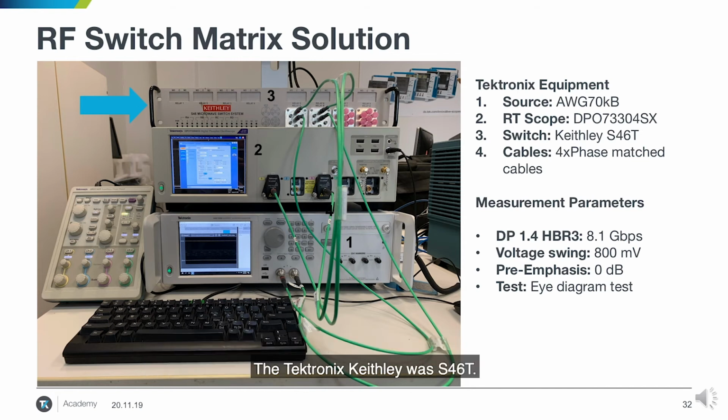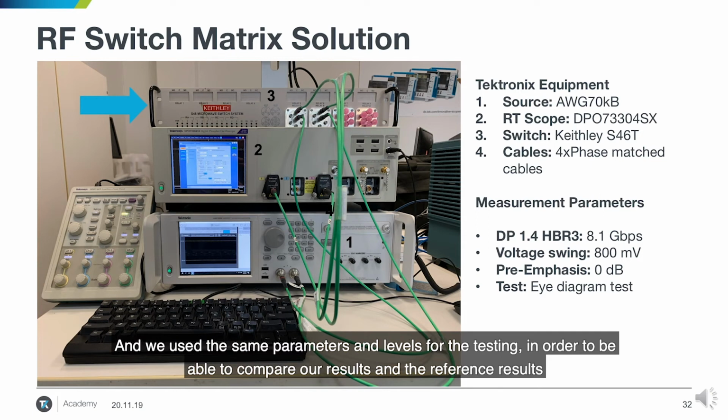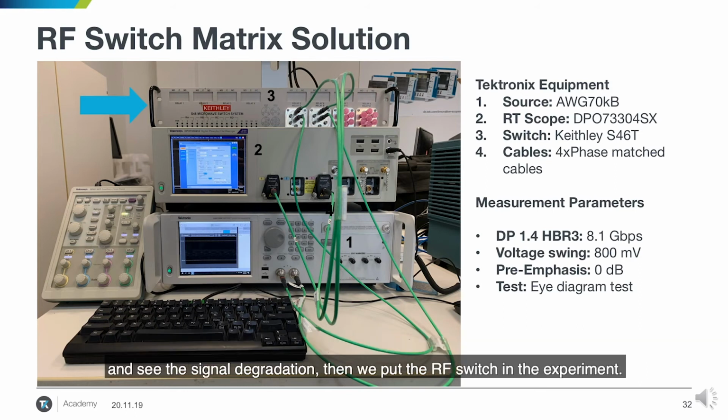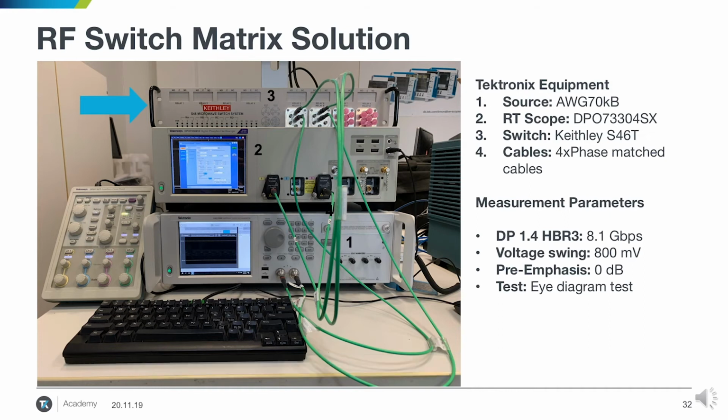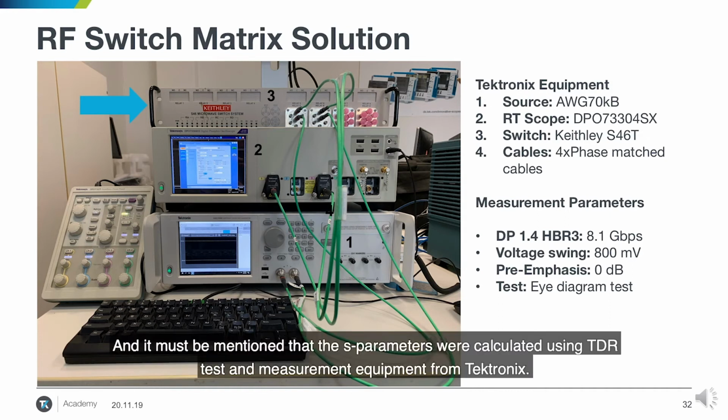The Tektronix Keithley switch model was S46T, and we used the same parameters and levels for the testing in order to be able to compare our results with the reference results and see the signal degradation when we put the RF switch in the experiment. It must be mentioned that the S parameters were calculated using TDR test and measurement equipment from Tektronix.